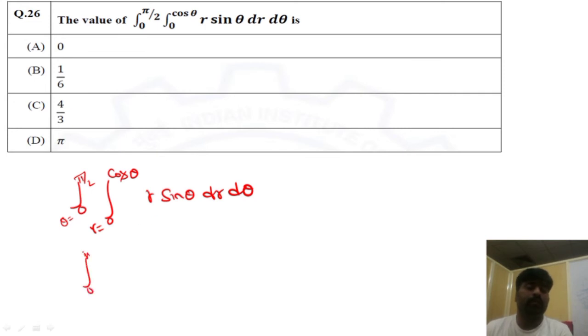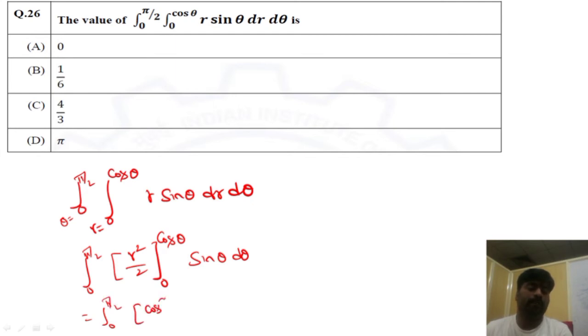When we integrate, I would like to integrate the r terms first. The integral of r dr is r square by 2, from 0 to cos theta. I keep sin theta the same, d theta. Taking limits, this is cos square theta by 2 minus 0, times sin theta d theta.